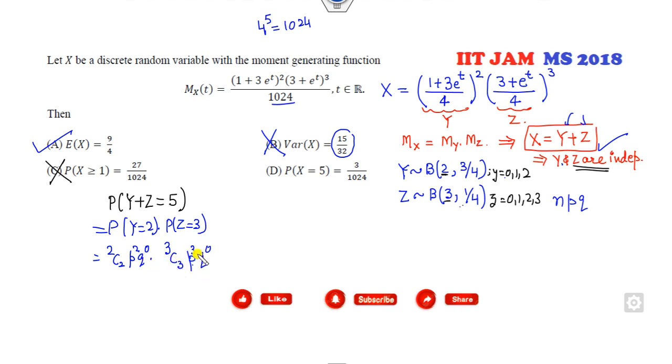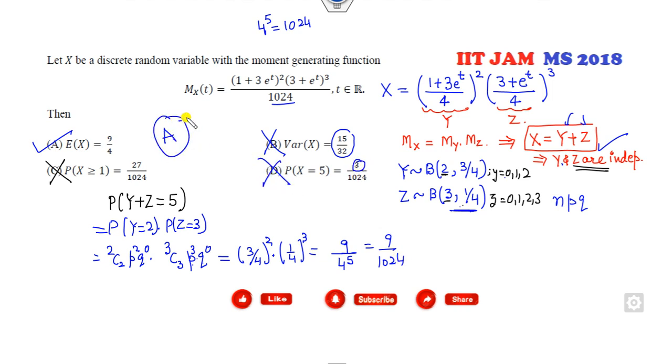Remember that this p and q is for here and this one is for here. So it's p squared, which is 3 over 4 squared, and this is 1 over 4 cubed. So it's 4 raised to power 5 in the denominator, and 9 in the numerator. That means 9 over 1024, but it said 3 over. So this option is also cancelled. The right option is only A, which is the right answer.